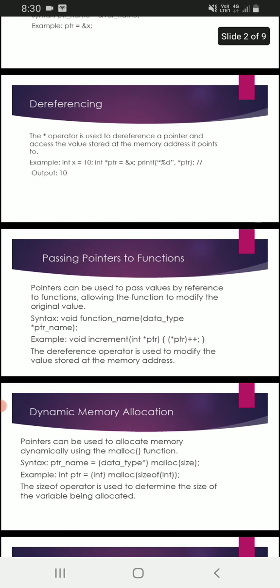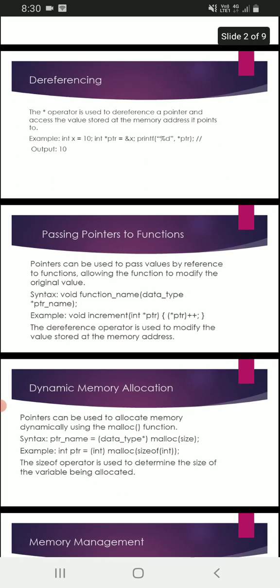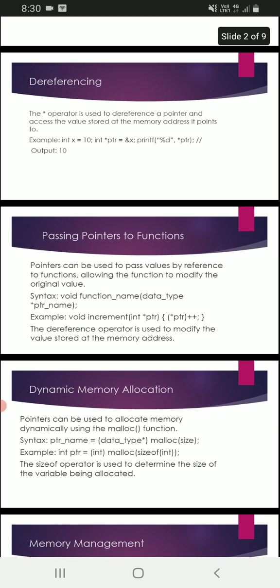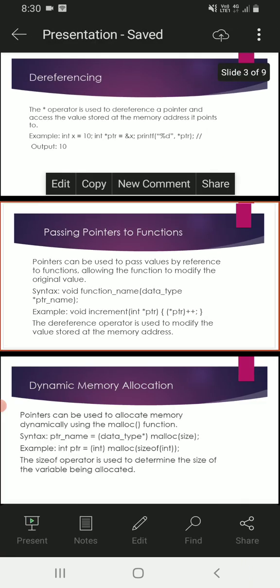So any change made to the pointer by the function is permanently made at the address of the passed variable. So basically, we can see the syntax and the example. Here, the dereference operator is used to modify the value stored at the memory address. Now, this is all about passing the pointer.